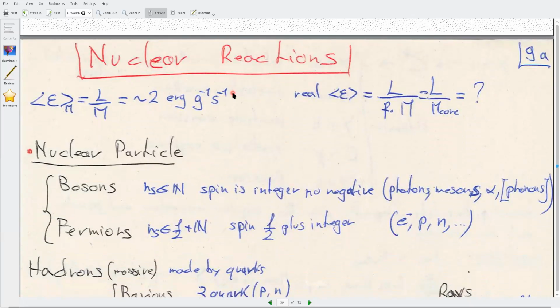It is not so amazing, but this is because the mass is really high. And also because for the real mean, you should consider the total luminosity, but not all the mass, just a fraction of the mass of the core. So once we know this value, we can calculate the mass of the core fraction.